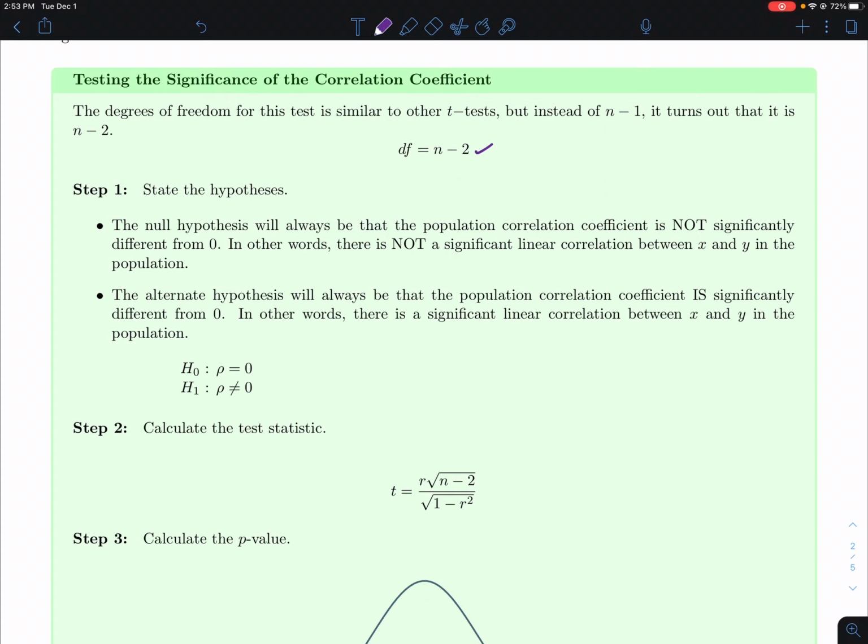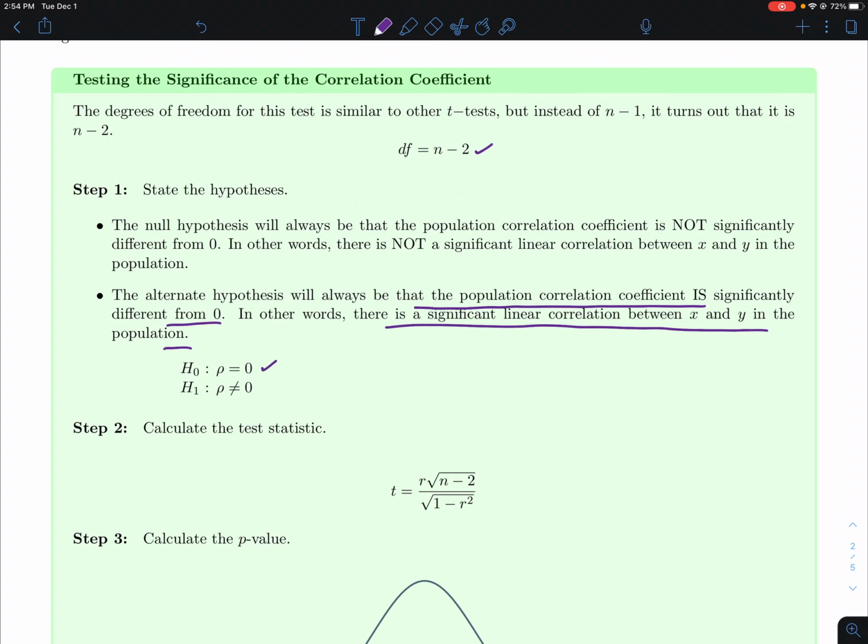The alternate hypothesis will always be that the population correlation coefficient is significantly different from 0, so it's going to be on either the upper end or the lower end of our graph. In other words, there is a significant linear correlation between X and Y in the population, and that way it'll make a good model.